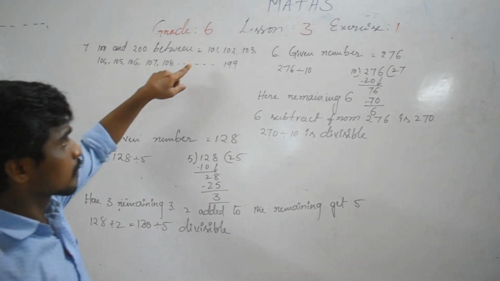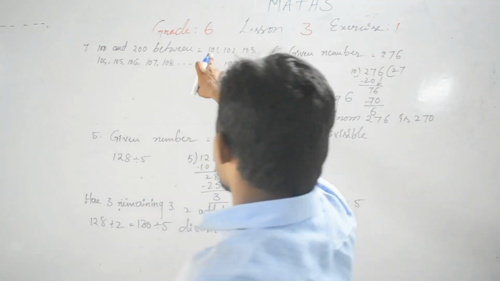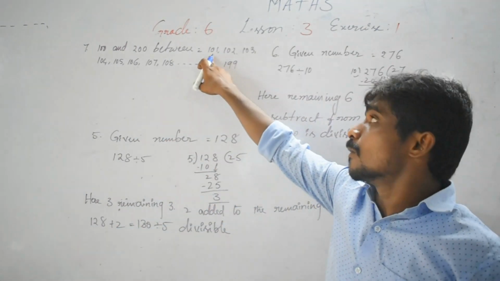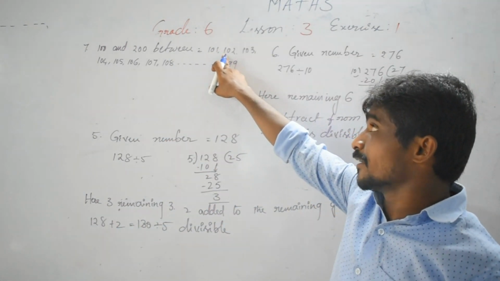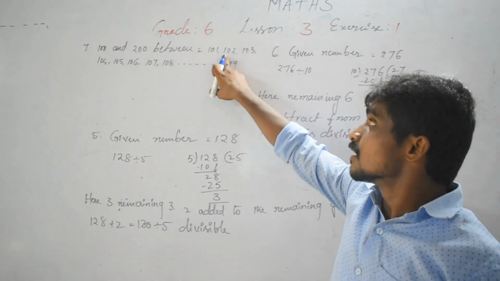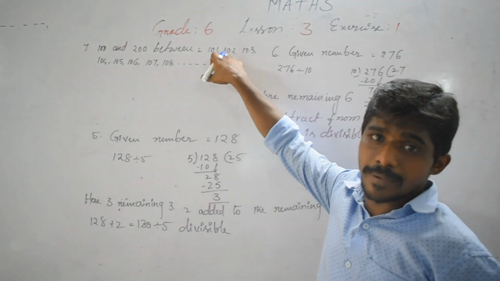So now this number divided by 2, no. This number divided by 2, yes, and this number is also divisible by 3.